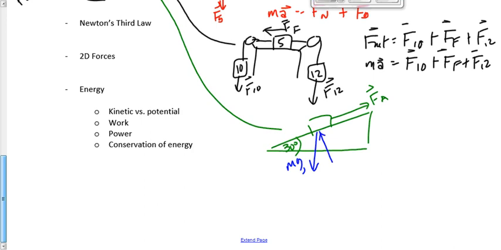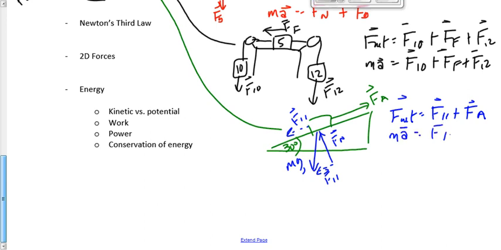We know we have the normal force acting perpendicular, and then there's this force right here that we call F parallel. And then we'd redraw it right there, F parallel. So we know that, just like in the other questions, F net is equal to the sum of the forces. F parallel this time plus FA, whatever that is. M times A is equal to F parallel plus FA.